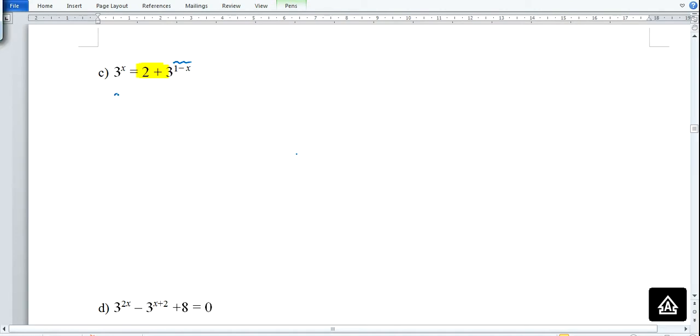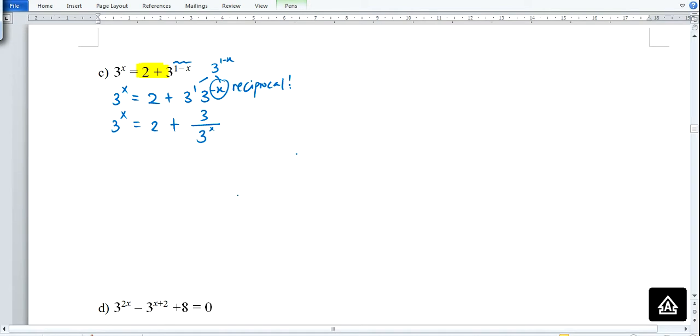So I'm going to break the power up into 3 power 1 times 3 power negative x. Make sure when you work it backwards, they go back to 3 power 1 minus x. If I simplify it a little bit, I will get 3 over 3 power x, because negative power is the reciprocal.